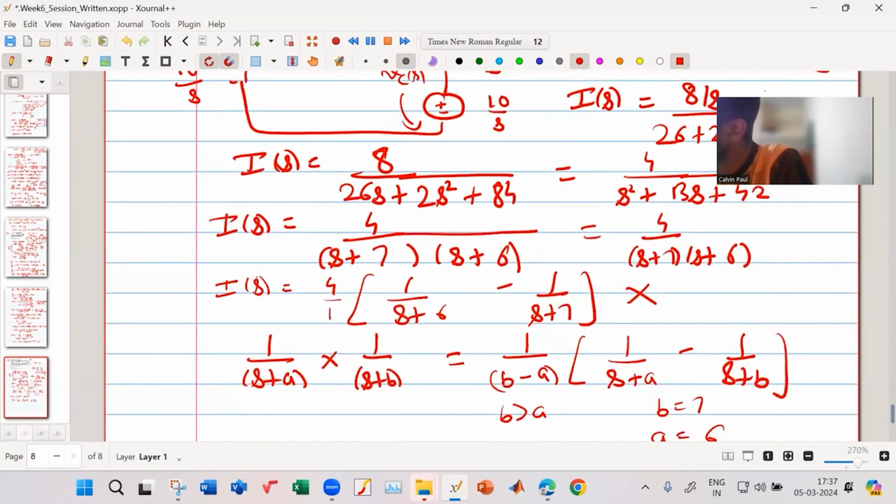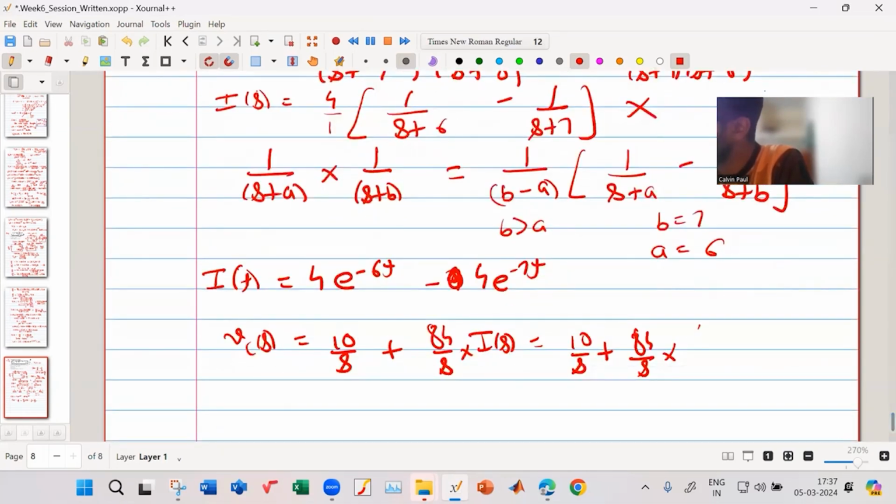My I of S is 4 upon S plus 7 into S plus 6.